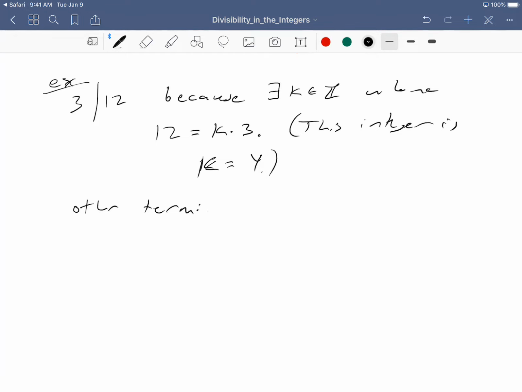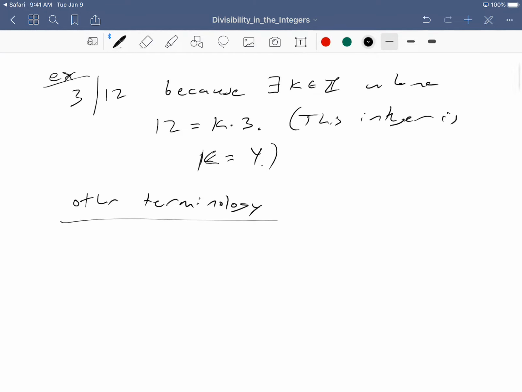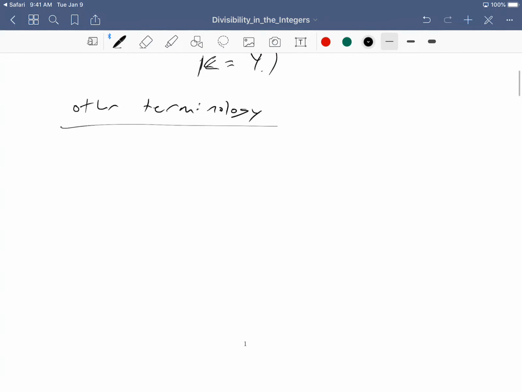Other ways we can talk about this. So 3 divides 12, that fact is not surprising, and in fact we talk about it a lot in different ways. So we have some other terminology.